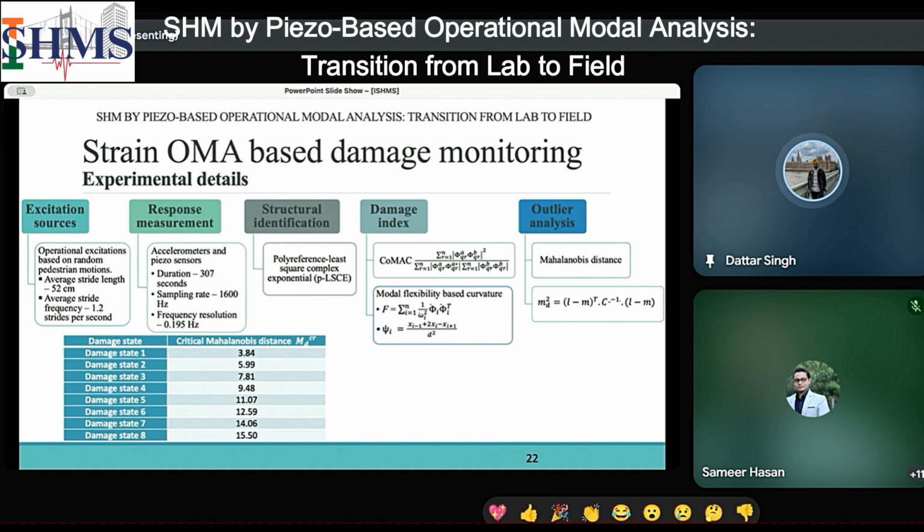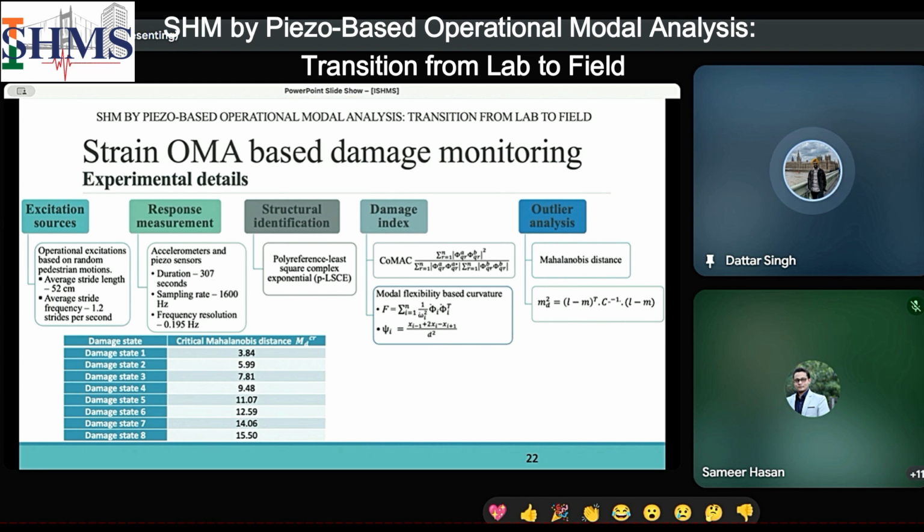The second damage indicator we use is flexibility based curvature. The benefit of using curvature is that, being a higher derivative of strain or displacement, it is more sensitive to damage. To obtain this curvature, we have to do a double differentiation of acceleration with respect to space, which can be directly obtained from a single derivative of strain mode shapes.